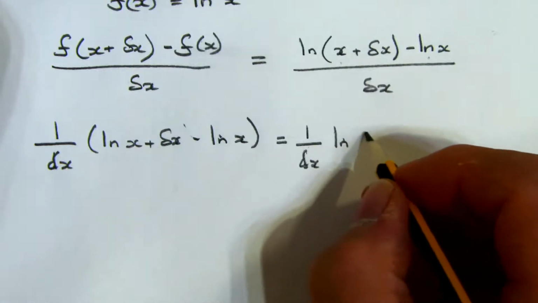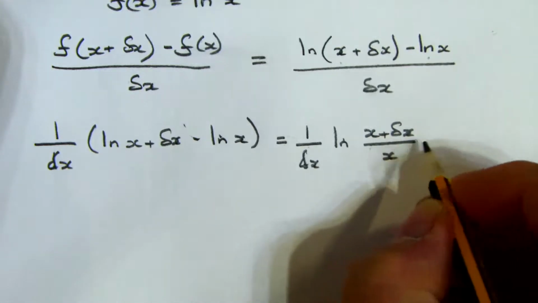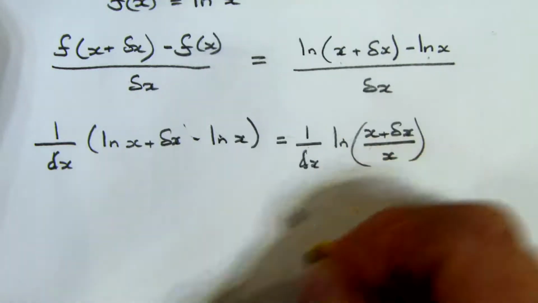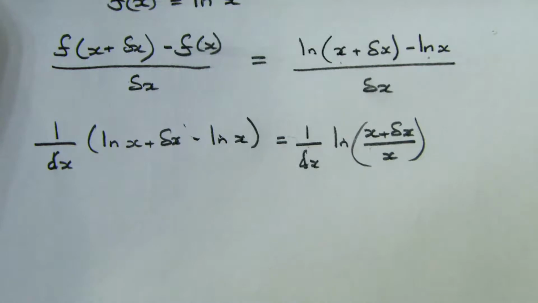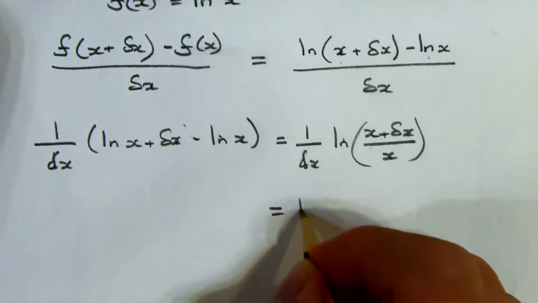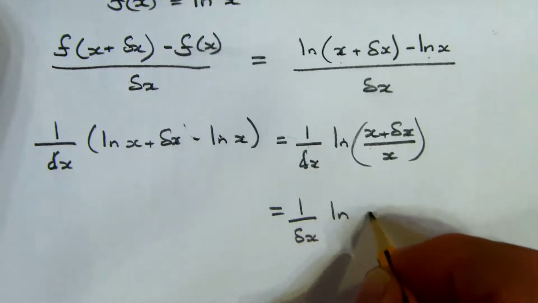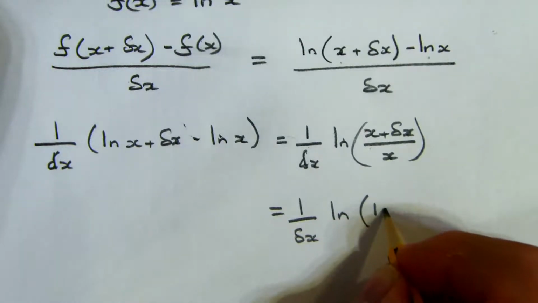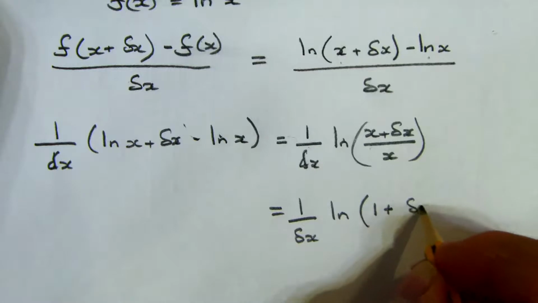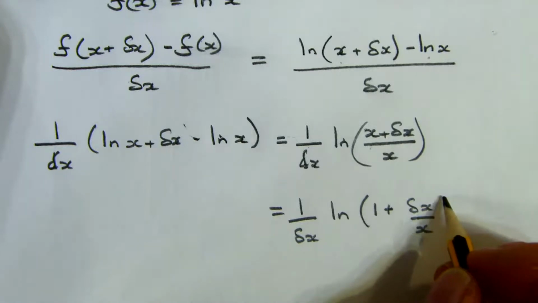Didn't do a nice delta there, did I? So this is going to be (x plus delta x) over x. And if I divide these, then 1 over delta x ln of 1 plus delta x over x.